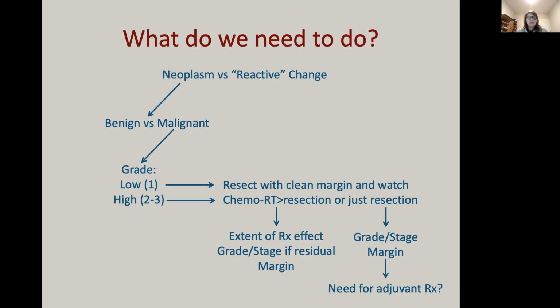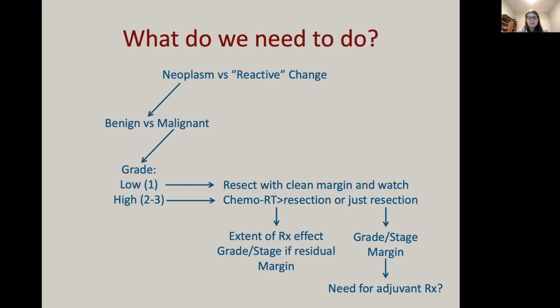Importantly, if it's a malignancy, we want to give some indication of the grade: low, intermediate, or high. In soft tissue, intermediate grade 2 tends to be considered more like a high. So if you ever are kind of uncertain, you can say it's either obviously high or obviously low. And if it's obviously low, and it doesn't lump into 2 or 3, that's at least helpful.